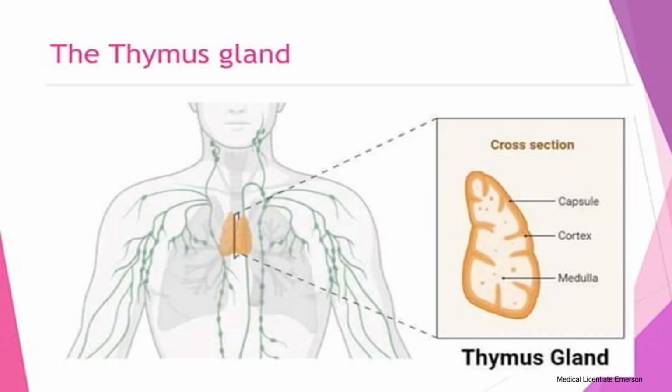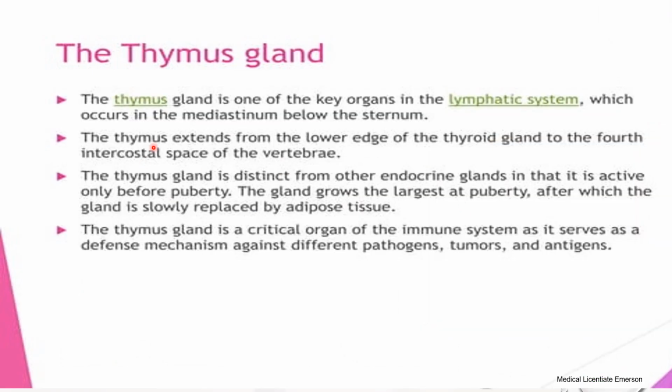Okay, so we are done with the adrenal gland. Let's look at the thymus gland. Okay, so the thymus gland is one of the key organs in the lymphatic system, which occurs in the mediastinum below the sternum. Then the thymus extends from the lower edge of the thyroid gland to the fourth intercostal space of the vertebra.